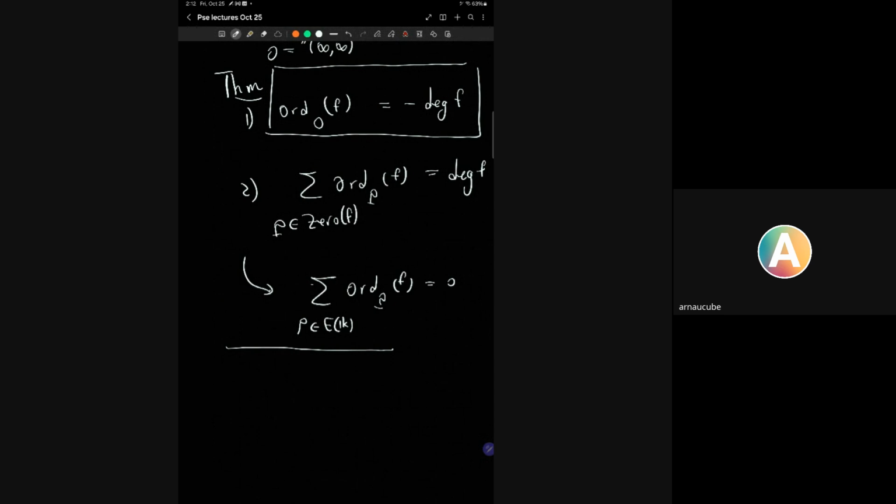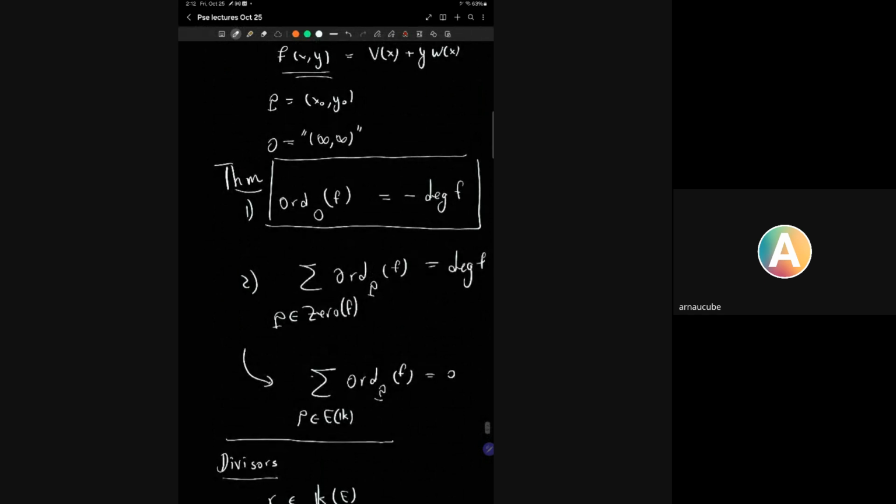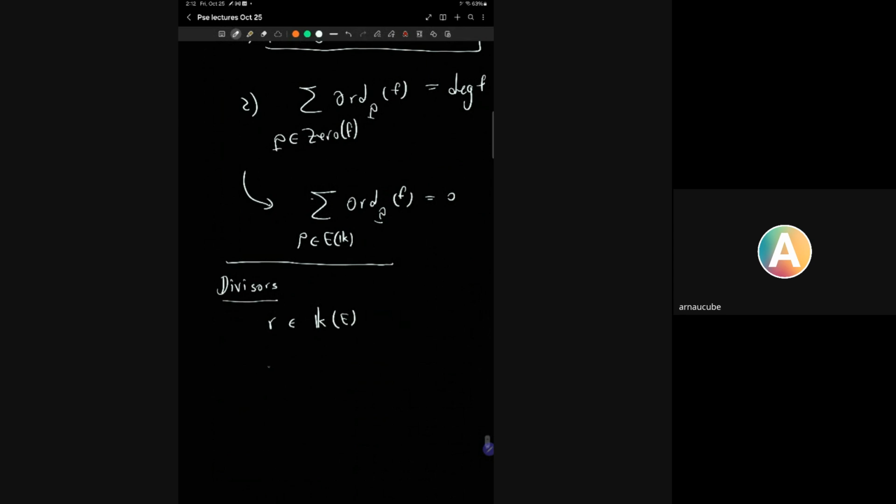What I want to do is take a rational function, and we already saw that it's very useful to look at the zeros and the poles of a rational function, and also their multiplicity. So to every rational function, I can associate something.